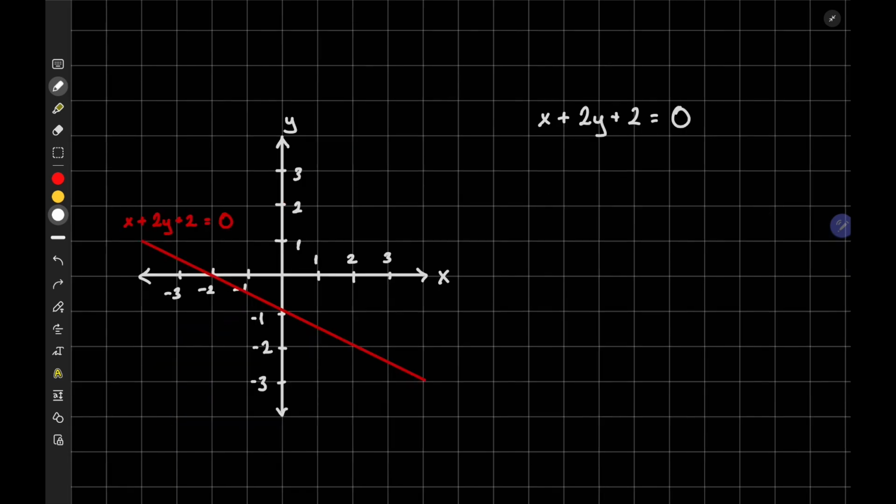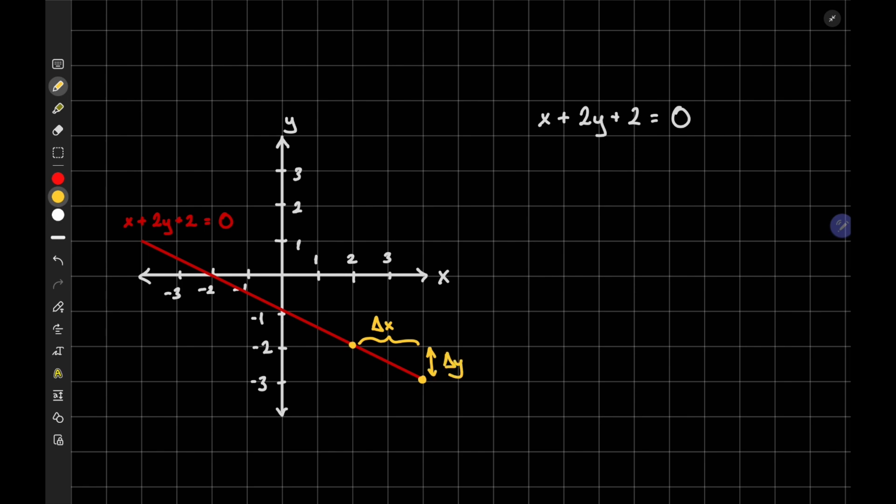Now let's calculate the slope of this last example. Our line is x plus 2y plus 2 equals 0. Again, we are going to determine 2 points. Let's say that our first point is this one and our second point is that one. So the change in x is that amount, and the change in y is this one.